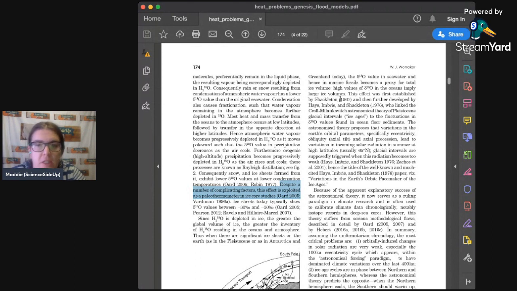This effect was first established by Shackleton in 1967 and then further developed in the 70s, who linked those Milankovitch cycles to the fluctuations in oxygen 18. So we have known stuff about how Earth's orbit works, the predicted behavior, and then the predicted behavior of Earth's climate based off of that.